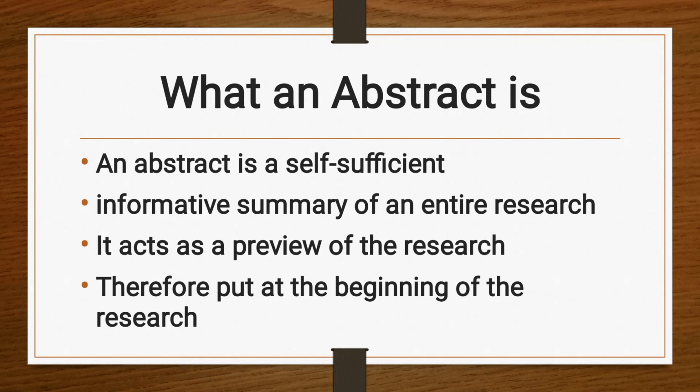You need to actually summarize what is in your research, and this should be done systematically and orderly so that the essence of what is in your research is reflected in the abstract. Because of this nature of the abstract, it should be placed at the beginning of your research.